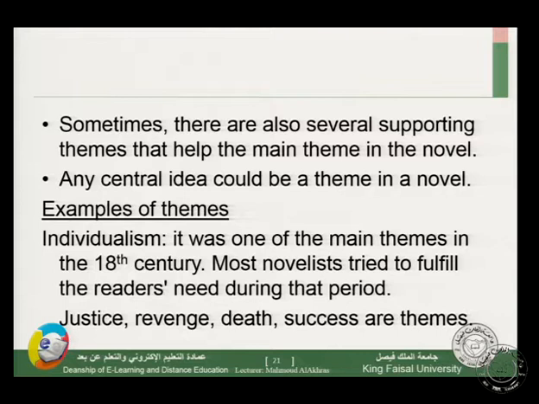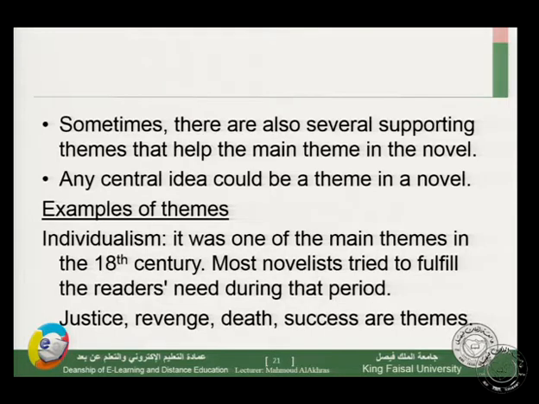Examples of themes: we have individualism. It was one of the main themes in the 18th century. We will see that when we come to Daniel Defoe's Robinson Crusoe. When we are going to analyze the novel, we are going to see this theme in Robinson Crusoe.